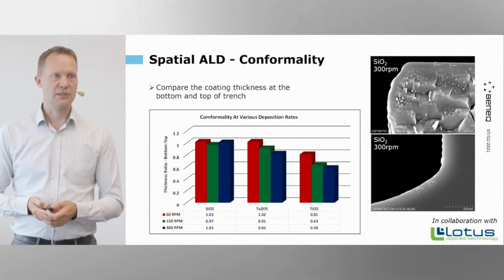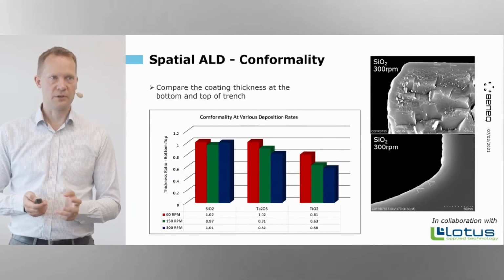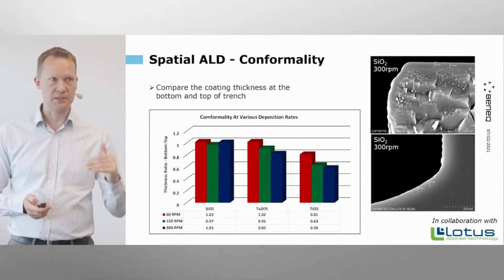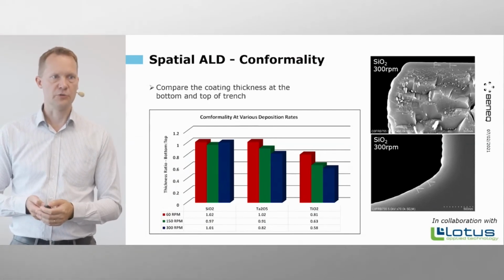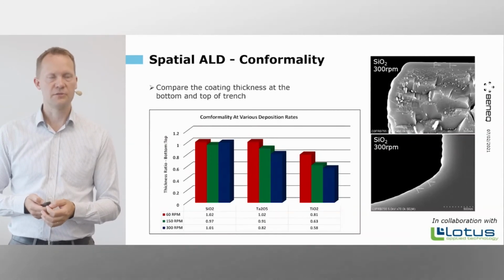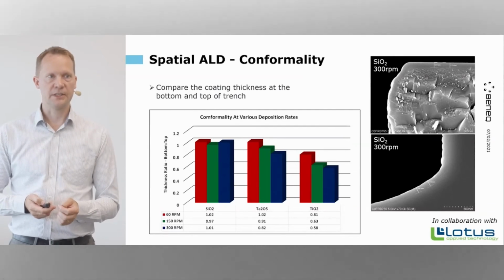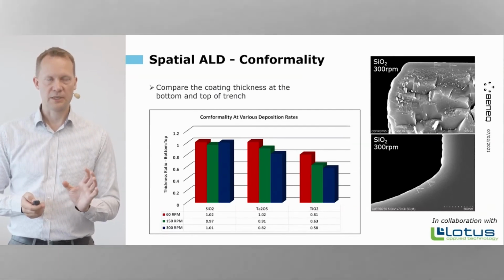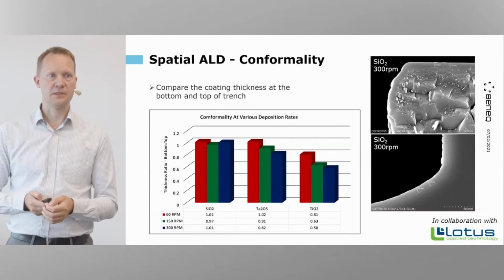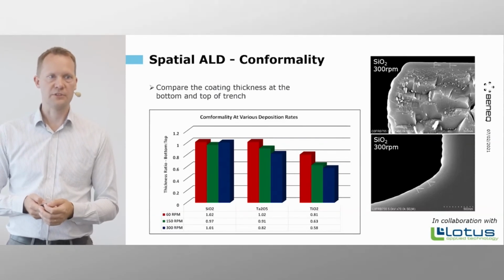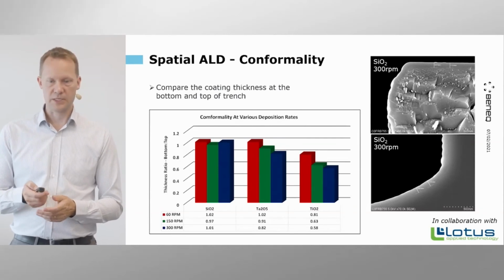With tantalum oxide, we see that it's kind of perfect at lower speeds, but then at higher speed, it starts slowly to decrease to around 80% at the highest speed. And with titanium oxide, even at the lower speed, it's not 100% perfect, but it's around 80%, and then will drop to around 60% at higher rates.